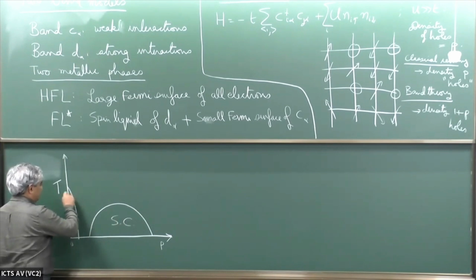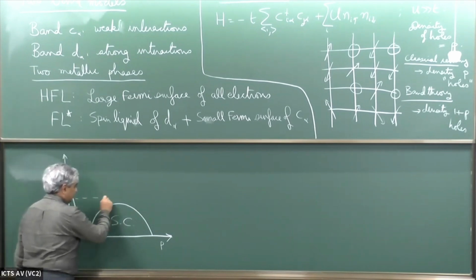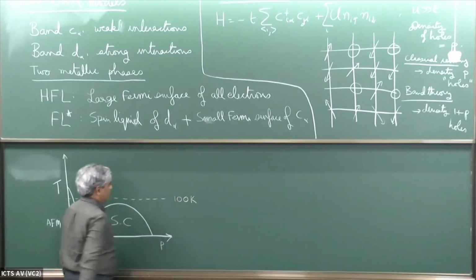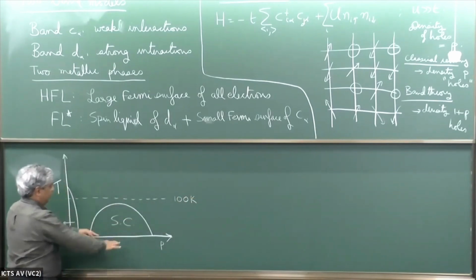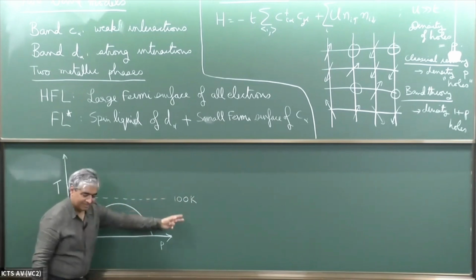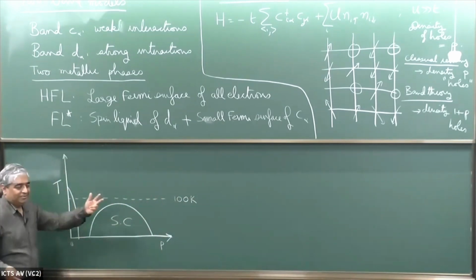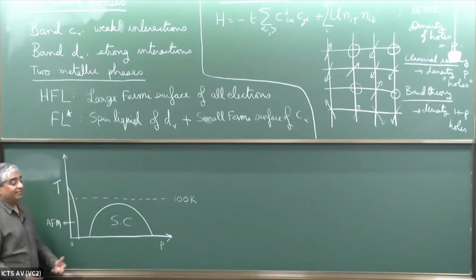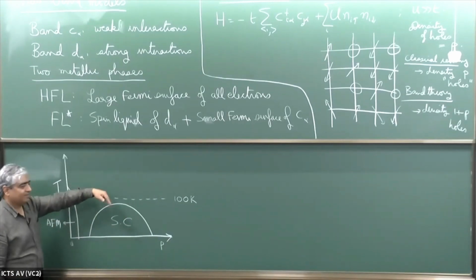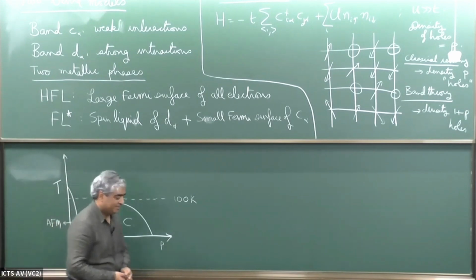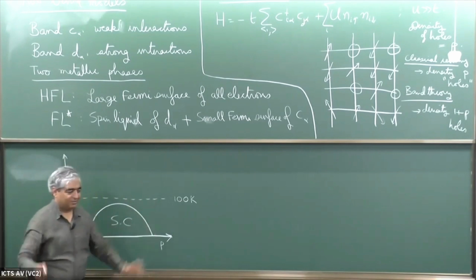But let's imagine, we'll take some temperature, say about 100 Kelvin. And there's a lot of very complicated things that happen below 100 Kelvin, including the most interesting thing. But there's also a number of very interesting things that happen above 100 Kelvin, and that's what I want to understand. Now, one point of view of many people is that that's totally misguided.